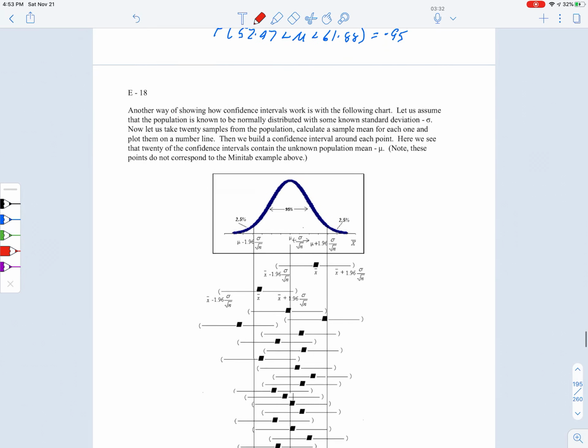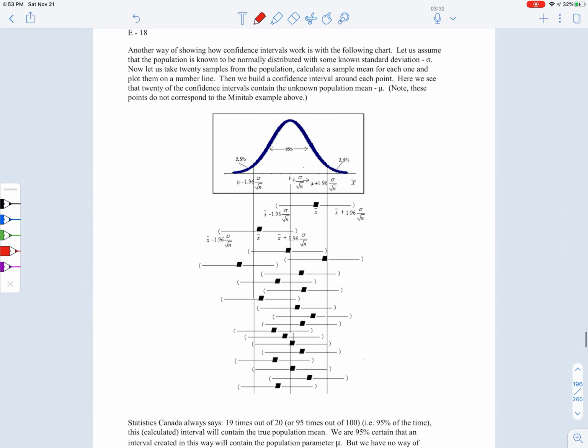Let me show you another way of looking at it. So here's the distribution of sample means, the x bars, according to the central limit theorem. Or in this case, if the original population was normally distributed, then this would be the first limit theorem, right?